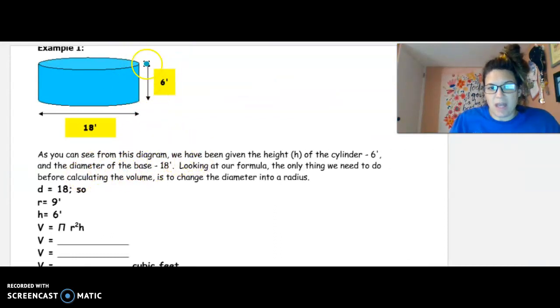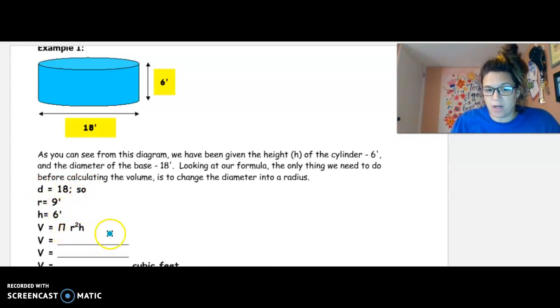So we have been given the height. 6 feet is the height of our cylinder here, and the diameter, that's all the way across, is 18. But in our formula, we don't need to know the diameter, we need to know the radius. So if the diameter is 18, the radius is 9 feet.